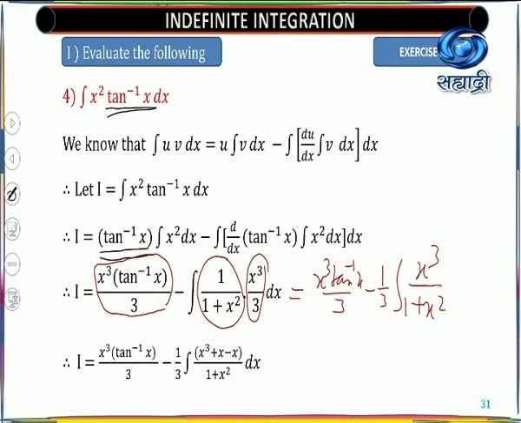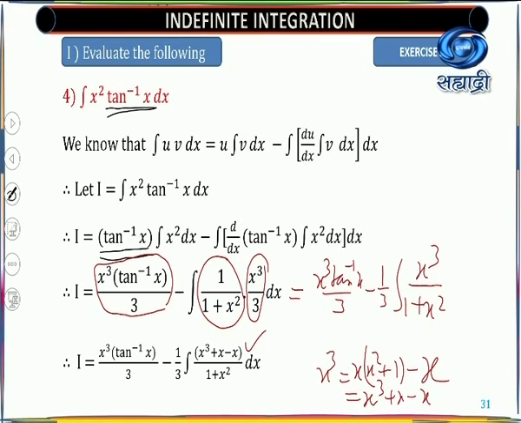For that, you know that you want x square plus 1, but you are having x cube. So if you multiply by x, you will get x cube plus x, which you don't want. So you are able to write minus x. And hence x cube you are able to write as x into x square plus 1 minus x, or you are able to write this as x cube plus x minus x, and hence this second integral is x cube plus x minus x dx.